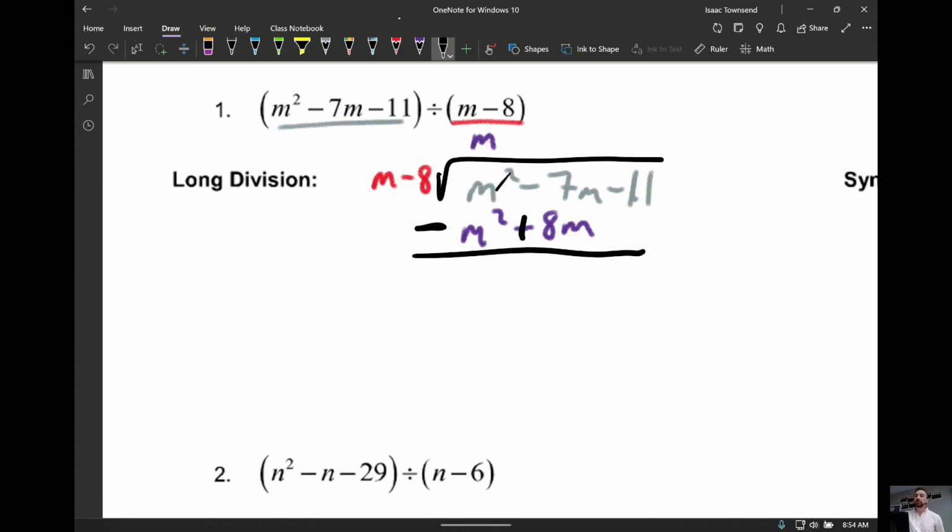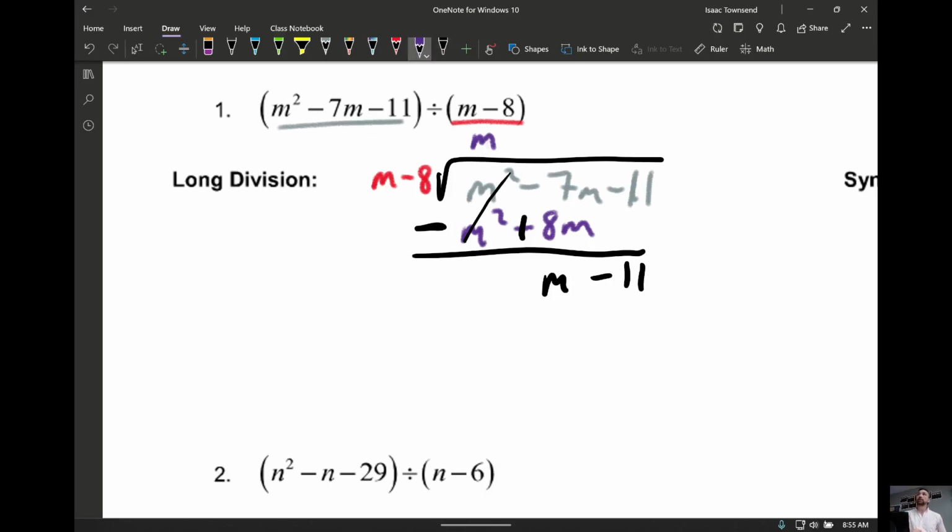So these two are supposed to add to 0. That's why I picked m here. But this is not -15m, this is 1m, because we're really subtracting a -8m, which is like adding 8m. And then you've got -11 that has nothing to combine with, so it just carries down.